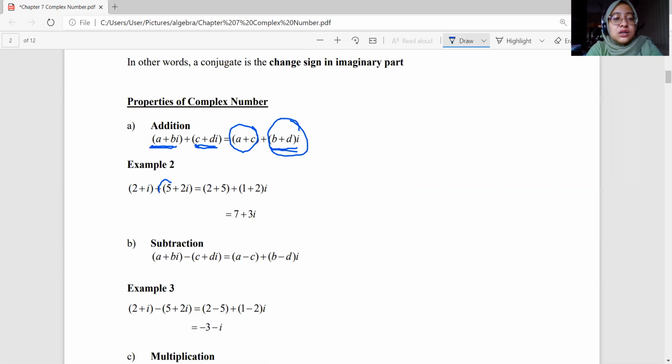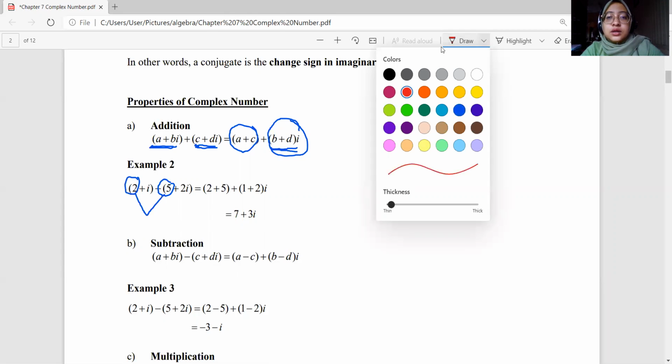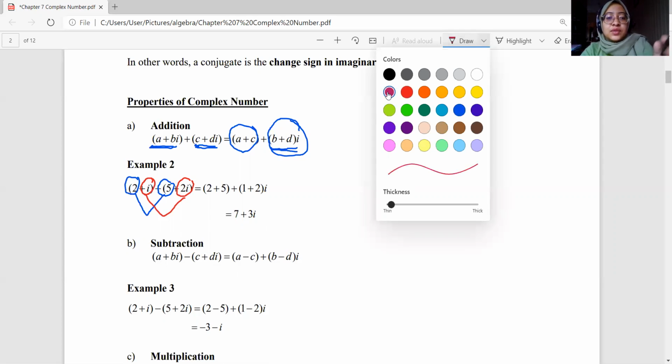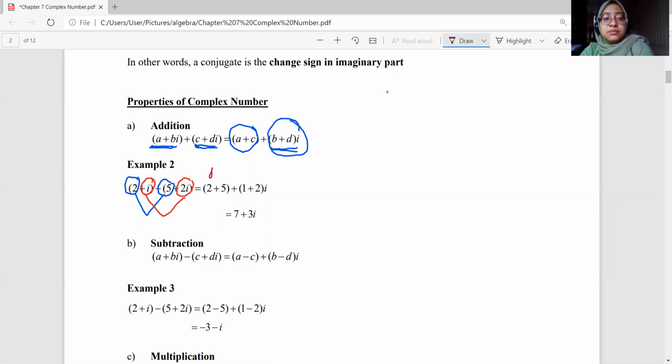The real number parts are 2 plus 5, and the imaginary parts are I plus 2I. So we got the answer 7 plus 3I.